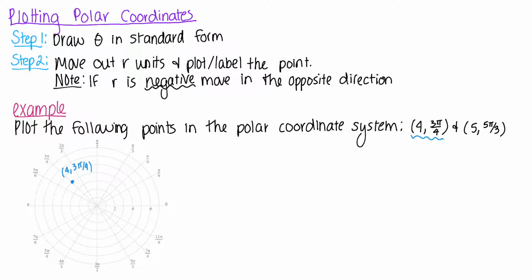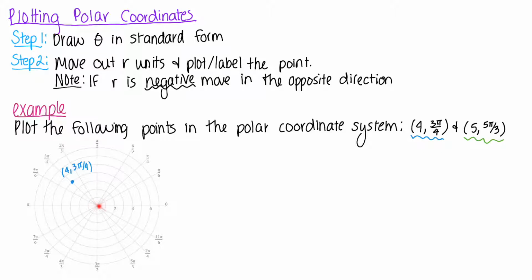Sometimes we like to draw lines to show where it is, so you can see this is 3 pi over 4. But I'm just going to leave that dot plotted there. Next, 5 comma 5 pi over 3. So 5 pi over 3 is down here. And then we want to go 5 units out from the origin.